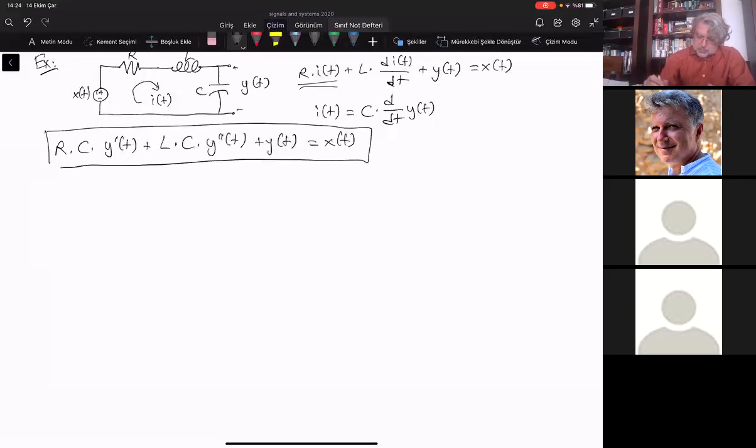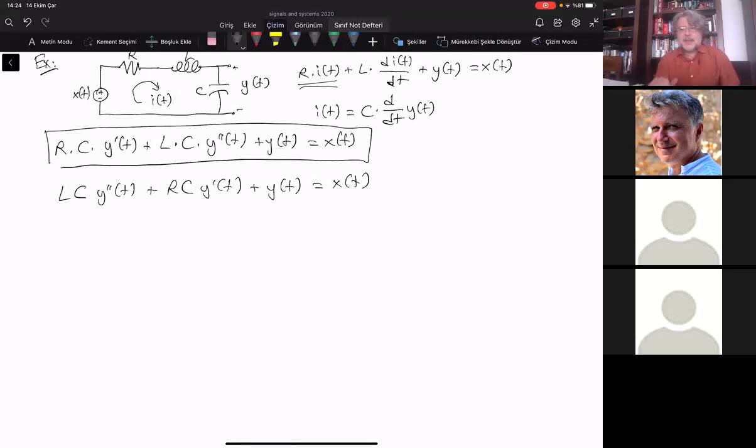It may be good to order this differential equation a little bit so that the second derivative comes first. LC y double prime of t plus RC y prime of t plus y of t is equal to the input x of t. This is the second order ordinary differential equation.